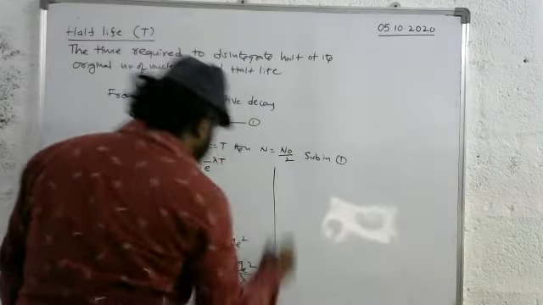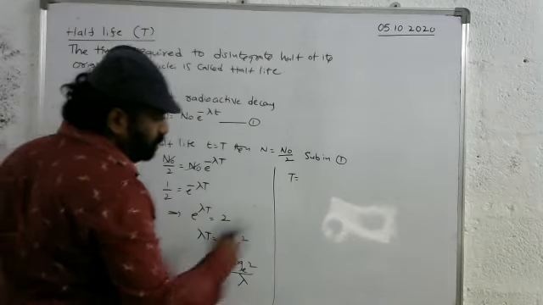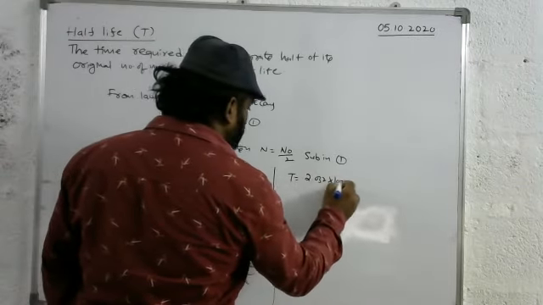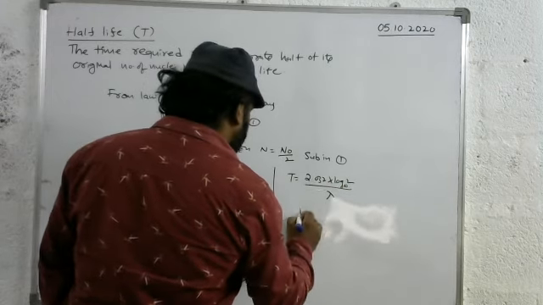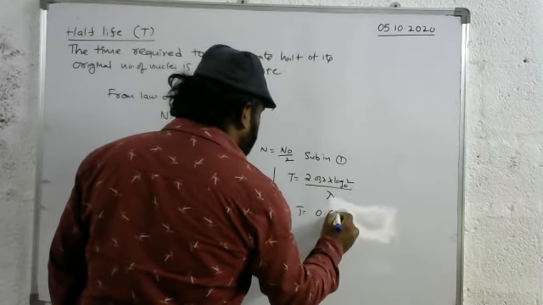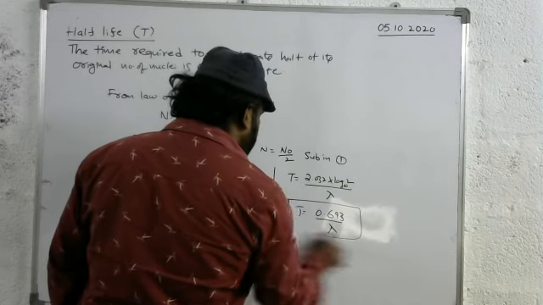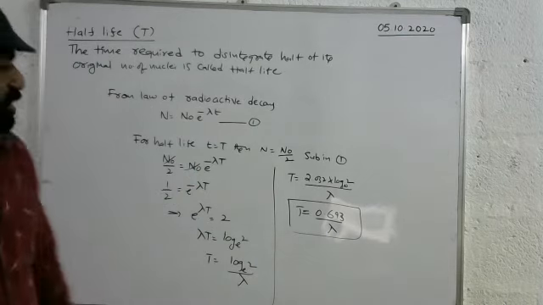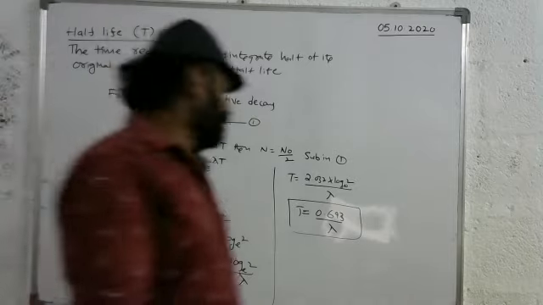We can convert this log e into log 10: 2.303 into log base 10 of 2 by lambda. Substituting the log 2 value, we have 0.693 by lambda. This is the expression for the half-life. T equals 0.693 by lambda.